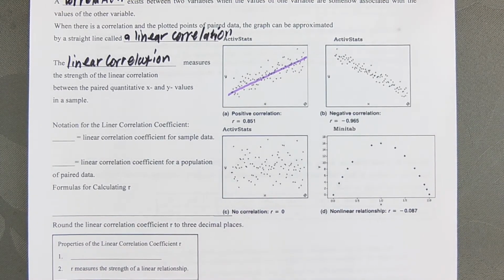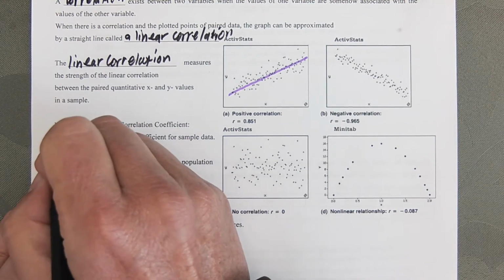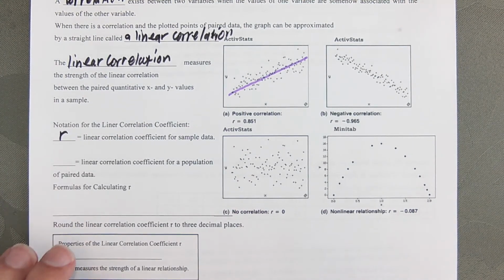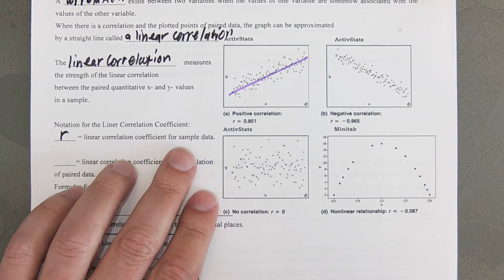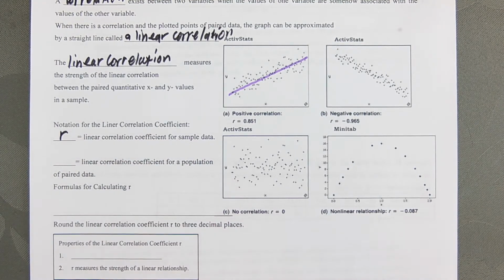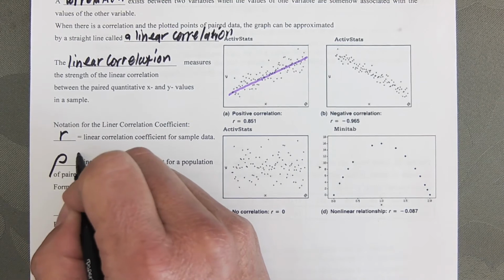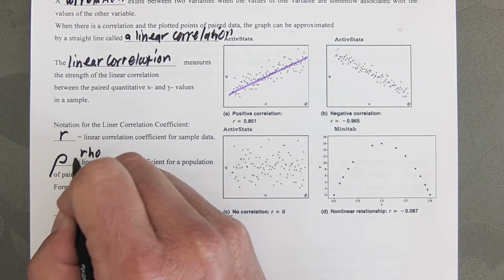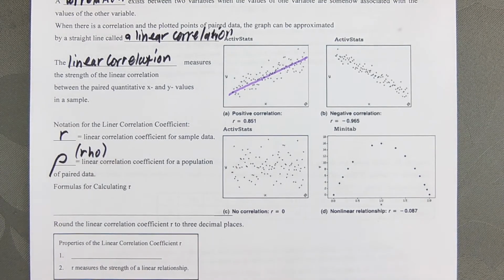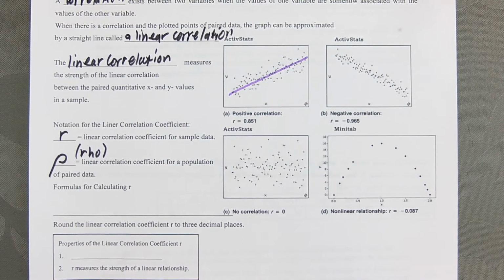So using some definitions here, r is what we're going to use for the linear correlation for the sample data. And as always, we're going to use a Greek letter for the population, and that's called rho. So rho is the linear correlation coefficient for the population, which we don't know.